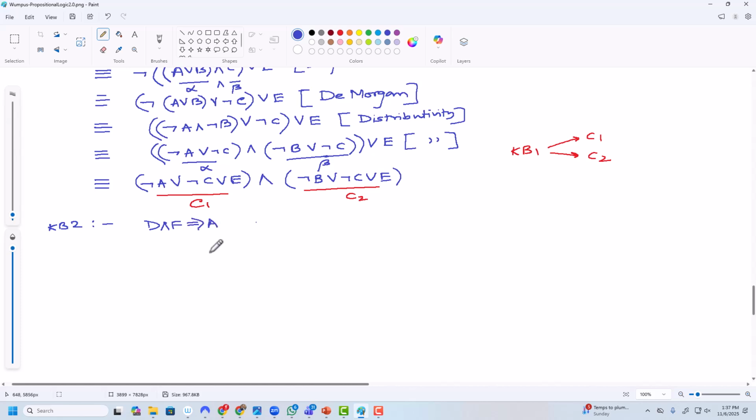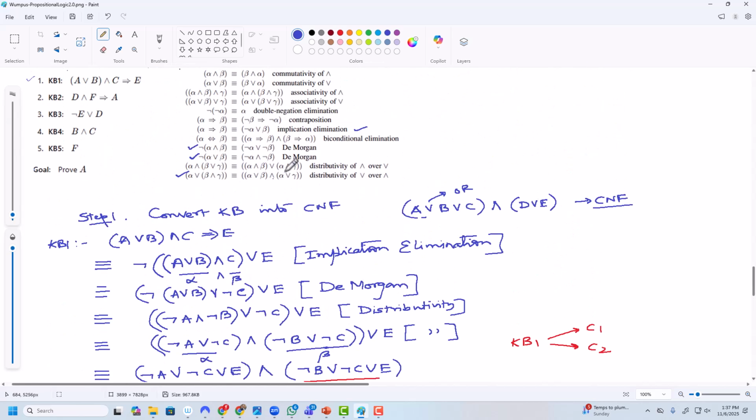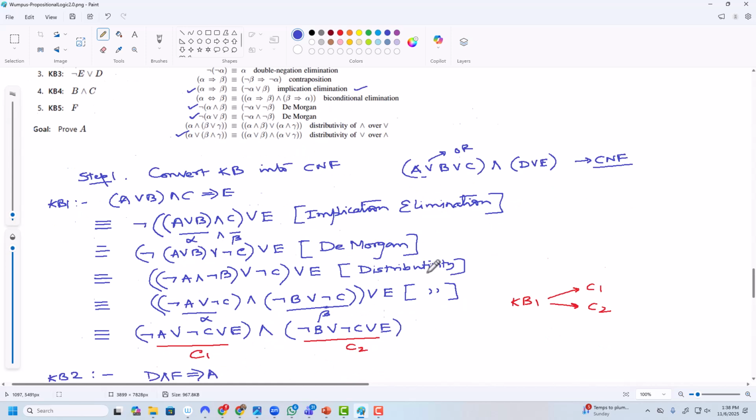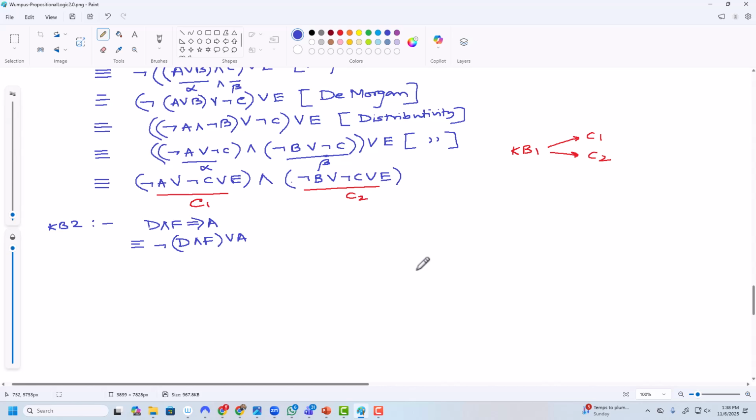Now we first apply implication elimination. Okay, so implication elimination gives us what? It gives us not D and F, or A. So that's exactly what implication elimination says. If you can see here, alpha implies beta, so implication elimination says not alpha or beta. So you see, that's exactly what we did.